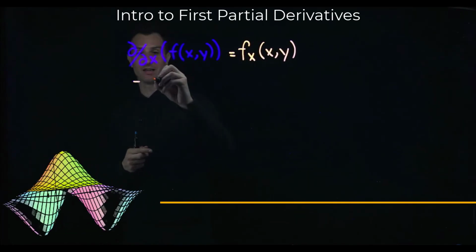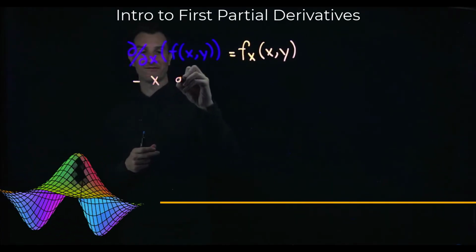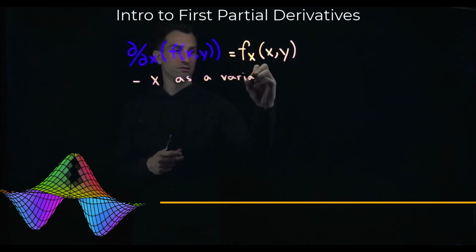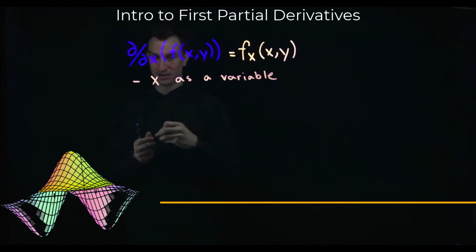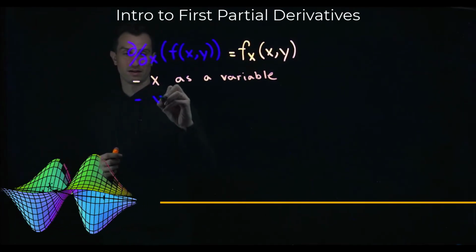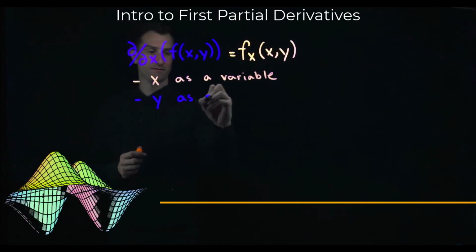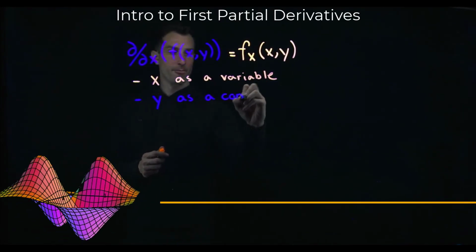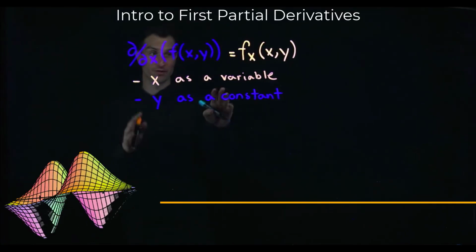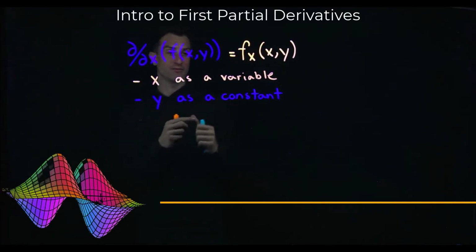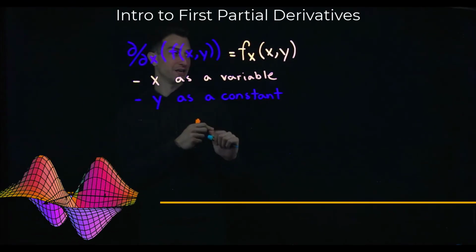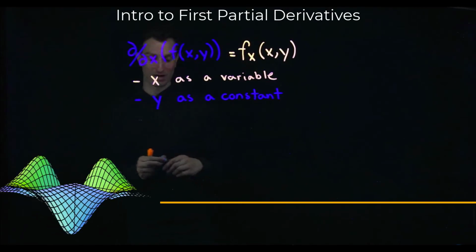We treat x as a variable, which means we treat y as a constant. When we get to an example, this will make more sense. X is the variable, and we're looking for the instantaneous rate of change, or the slope, in the x direction, holding y constant.